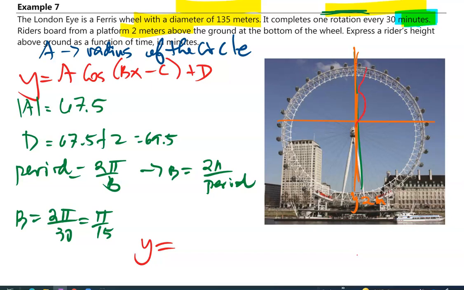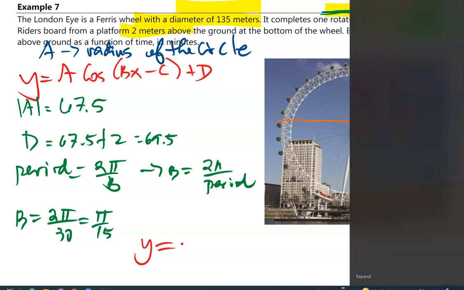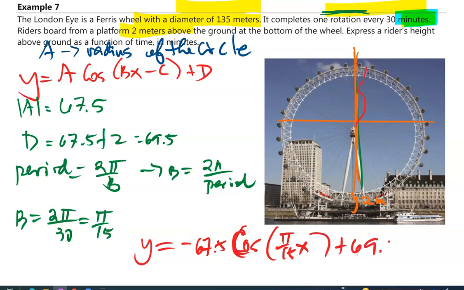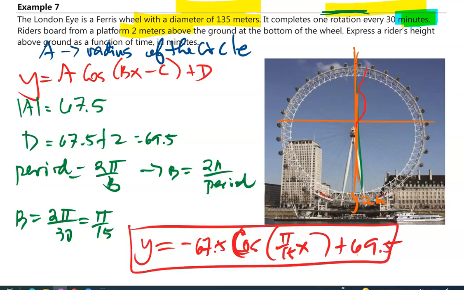So that's going to be negative 67.5 times cosine of pi over 15 x plus 69.5. Okay.